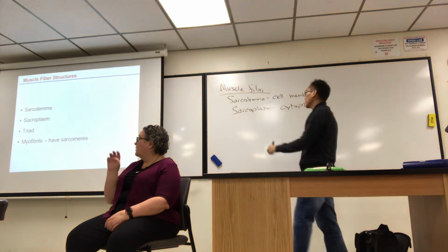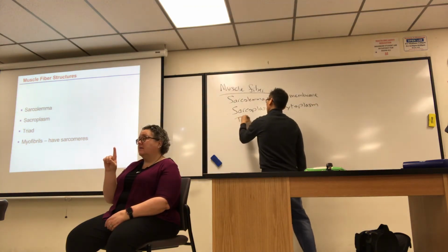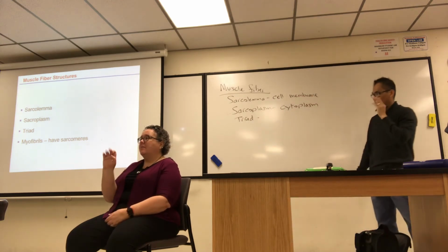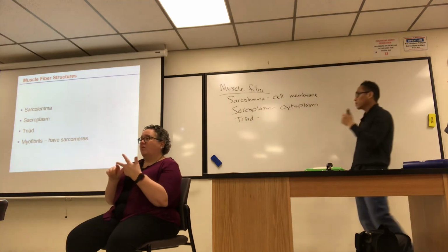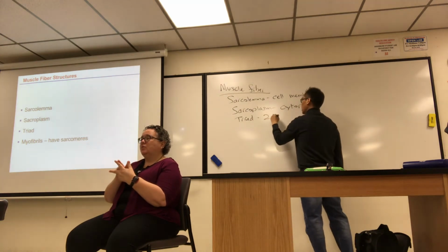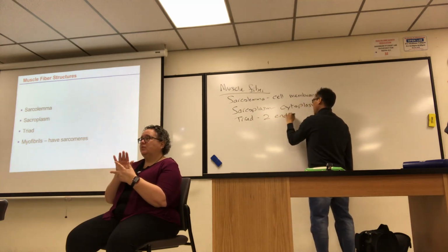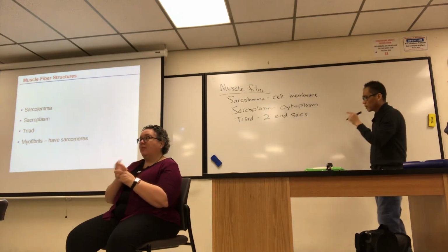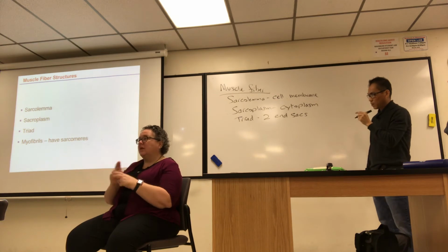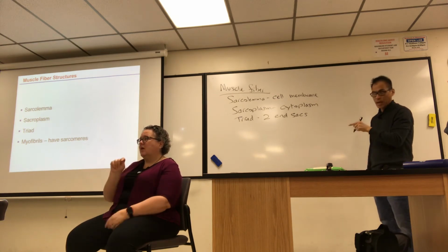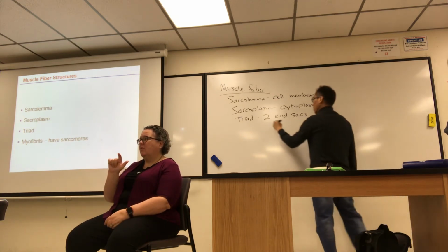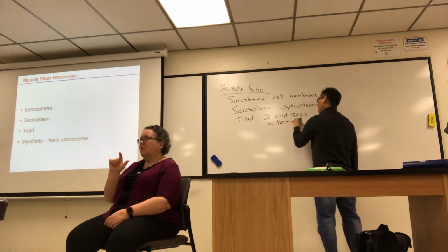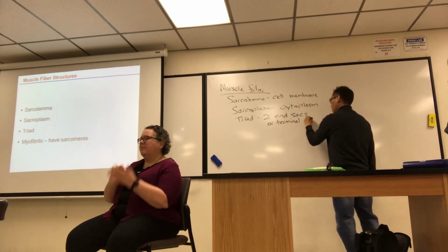The triad, like I mentioned before, at the I-band junctions, well, it's three things. It's two end sacs, and that's the easy term. The hard term that it's actually called that I want you to use is the terminal cisternae. Terminal means end.